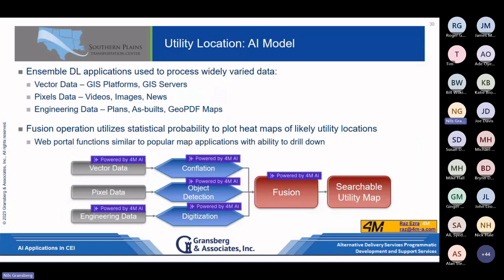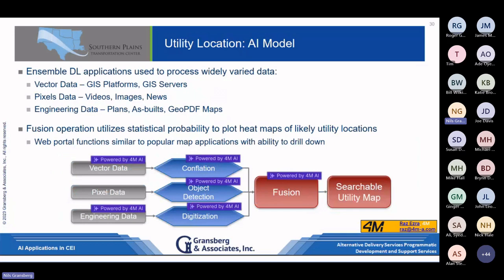They pull pixel data from images and videos, and they can process video images. They can also pull from news articles, historical pictures in archives, all sorts of stuff. And then also engineering data, anything where they've got PDFs or DWG files or plans, as-builts, any geo-PDF maps, and be able to pull those in.